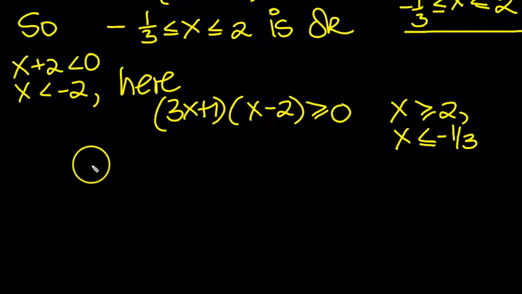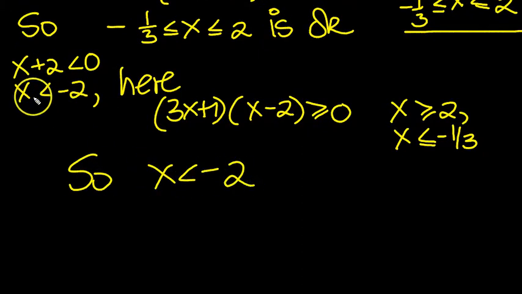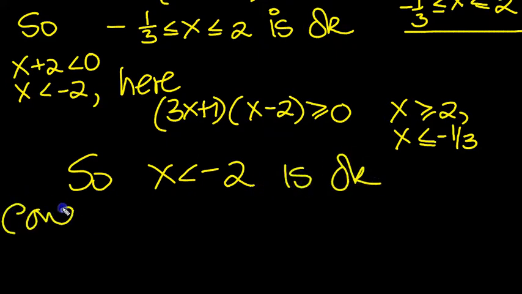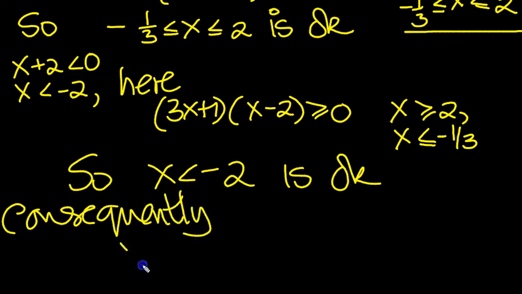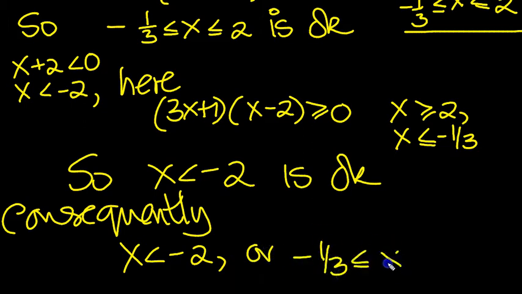So we can take the biggest set possible, so x is less than −2 is our biggest set possible because that's the context of the problem. This is okay. Consequently then, we can write down our solution set now. x is less than −2, or minus 1/3 is less than or equal to x is less than or equal to 2. Okay.